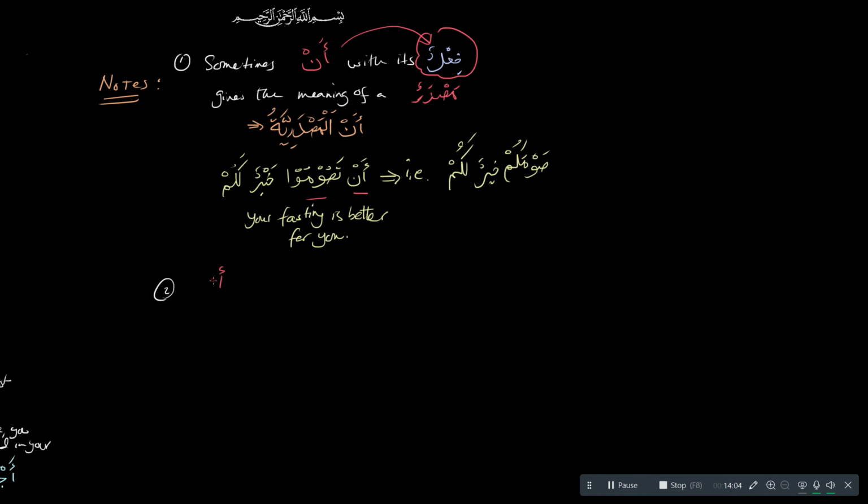An is hidden after the following six huruf, and makes the fi'l mudari mansub, or nasbun.